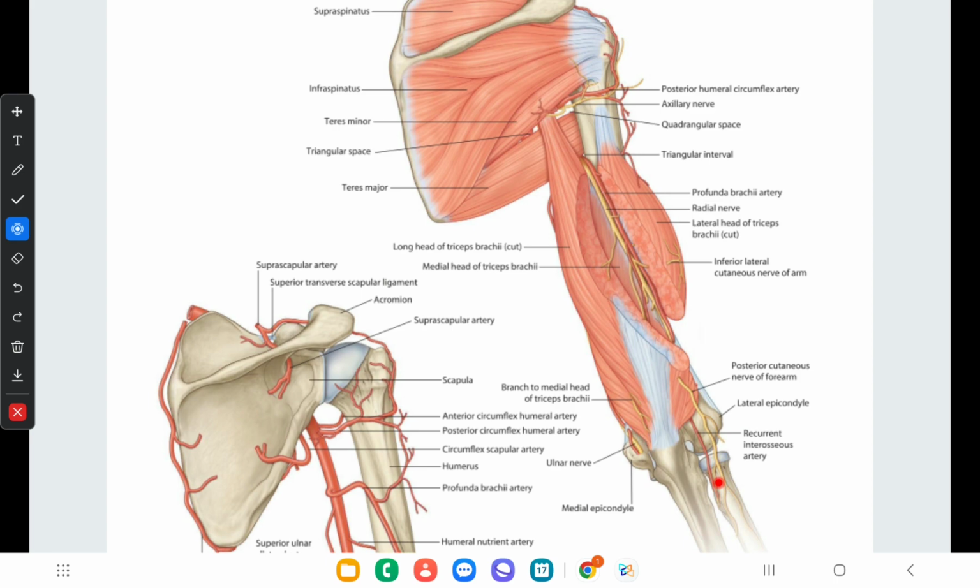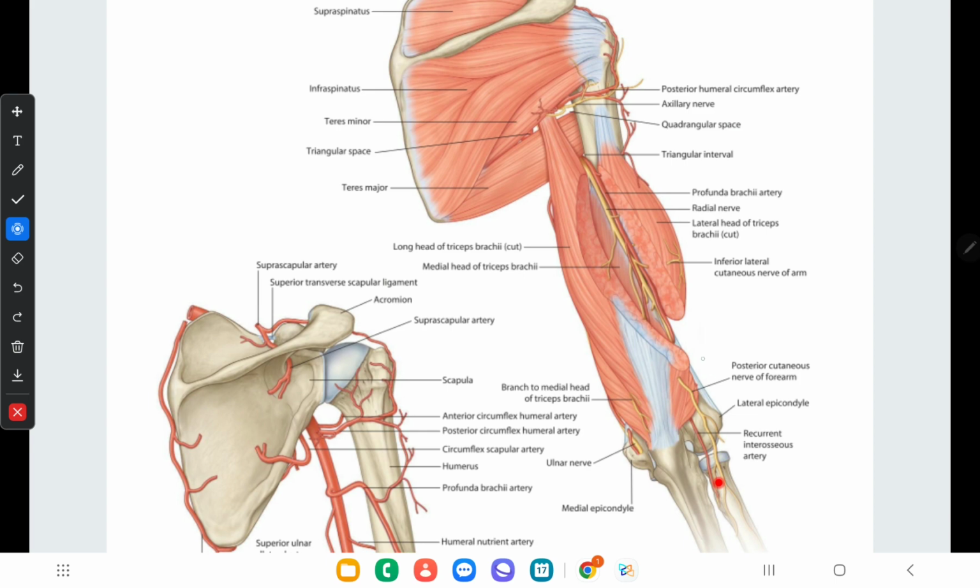Those are one branch to the lateral head of the triceps brachii, another branch to the medial head of the triceps brachii, then to the anconeus muscle, then 2 cutaneous branches, the lower lateral cutaneous nerve of the arm and the posterior cutaneous nerve of the forearm. So up to this level, there are 8 branches which have arisen from the radial nerve.